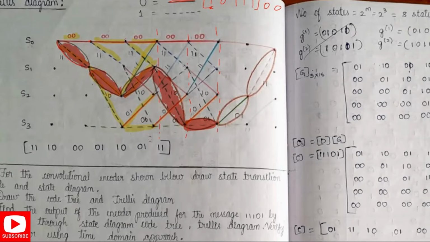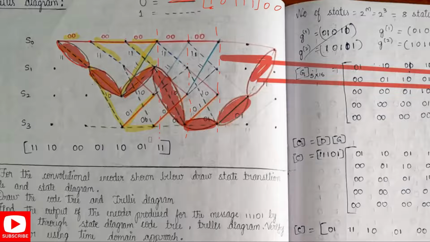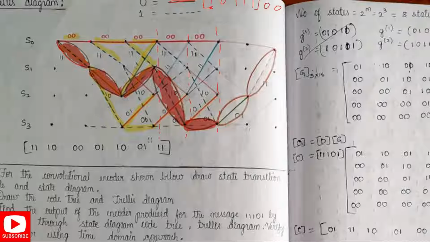Next, this completes the given value. Next it is up to our choice. So we are considering it as 0, 0. So firstly we will move to this part, and next we will move to this part. And next we will move to this part. So this completes the code that they had given.